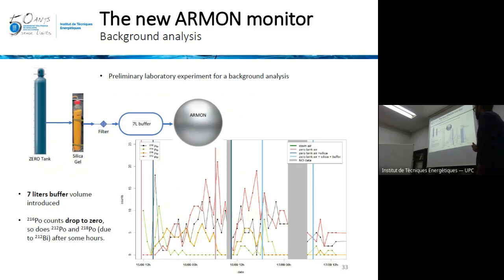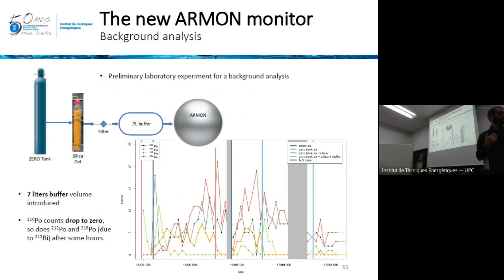from silica gel. For the final design of the instrument, first we tested a 7-liter buffer. When we put the 7-liter buffer after the silica gel, we saw a reduction of these counts down to zero.